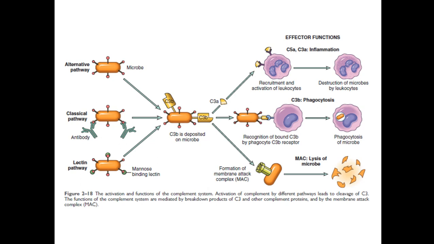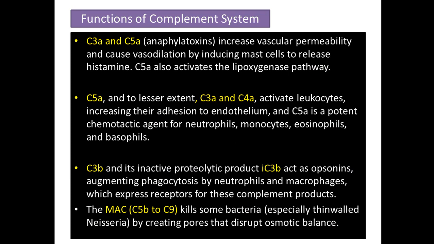The membrane attack complex forms holes in the wall of the bacteria and causes its destruction. Now, here we summarize the functions of the complement system. C3a and C5a are strong anaphylatoxins and they increase the vascular permeability and cause vasodilation.